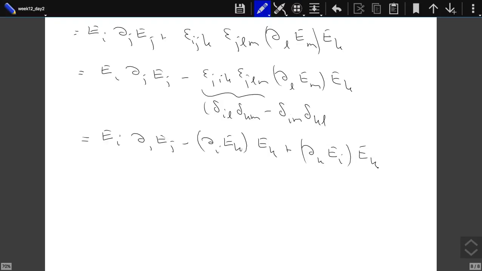And just 2 more lines and we will be done. This is equal to, let's say, E_i ∂_k E_k. Well, j is a dummy index, so I just renamed it.